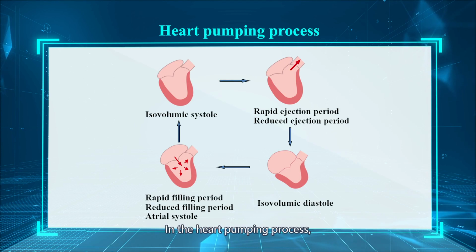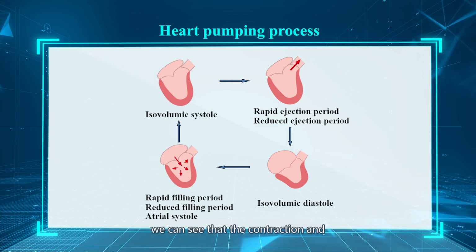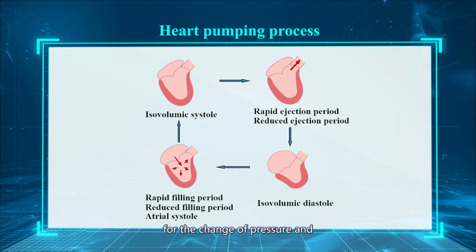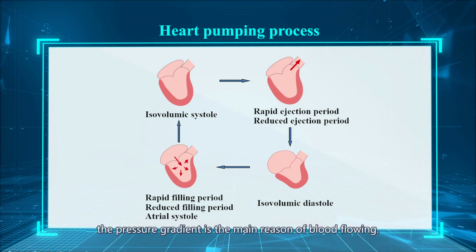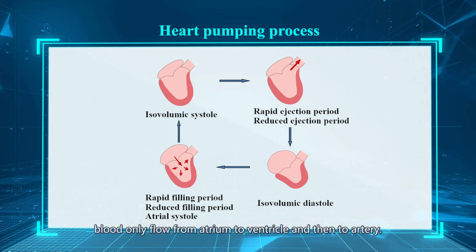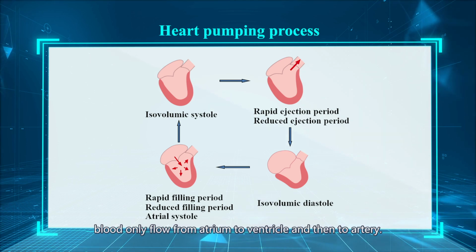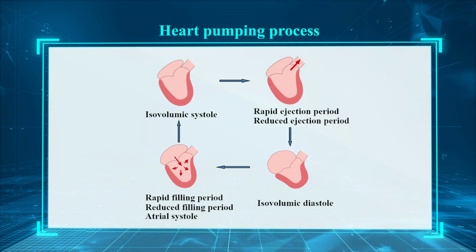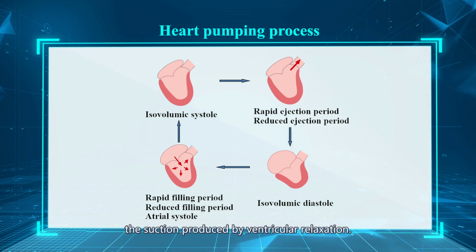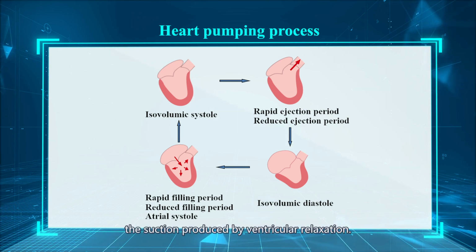In the heart pumping process, we can see that the contraction and relaxation of ventricle is the main reason for the change of pressure, and the pressure gradient is the main reason of blood flowing. Due to the valves, blood only flows from atrium to ventricle, then to artery. Ventricular filling mainly depends on the suction produced by ventricular relaxation.